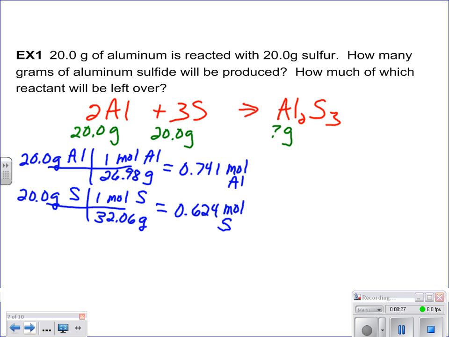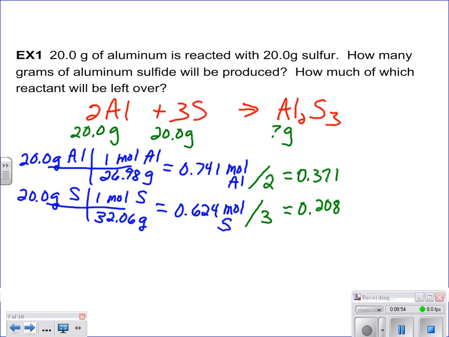Step 3, what should I divide this by? Okay, so 2 and 3. So step 3 tells us to divide by the coefficients. So we get 0.371 for our aluminum and 0.208 for our sulfur.